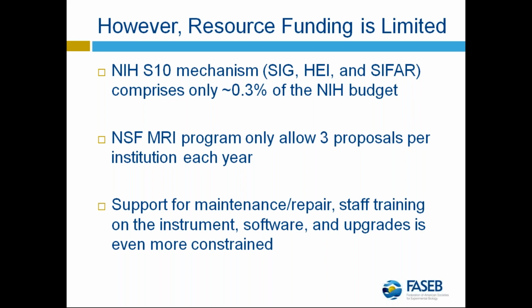But our biggest challenge remains in terms of funding, that the funding is available for the shared instrumentation, but it is not available for salaries, for expertise, or for long-term maintenance of those instruments. So with limited resource funding, it's critical that both the funding agencies and the research institutions receiving support from these resources identify and implement approaches that enhance the core resource efficiencies.